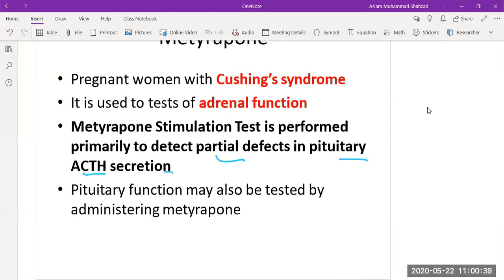It is also used for the test of pituitary function, and the dose usually given is 2 to 3 gram orally at midnight, measuring the ACTH level or 11-deoxycortisol level in the blood in the morning around 8 a.m., and comparing the secretion of 17-hydroxycorticosteroids in the urine during a 24 hour period following administration of the drug.